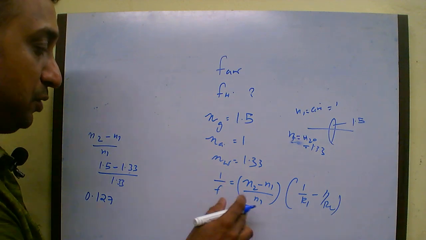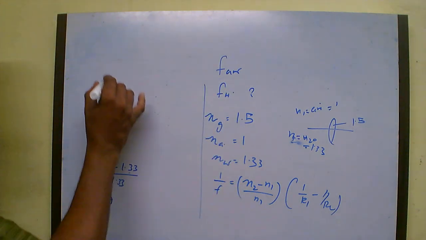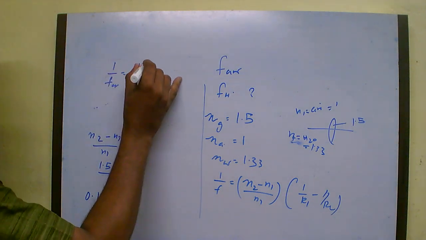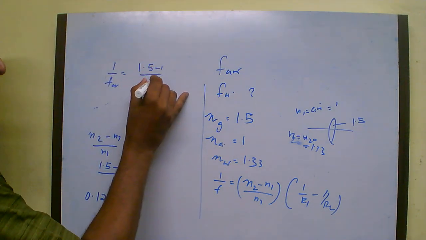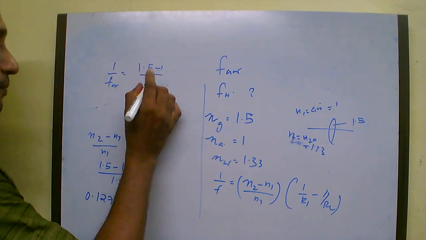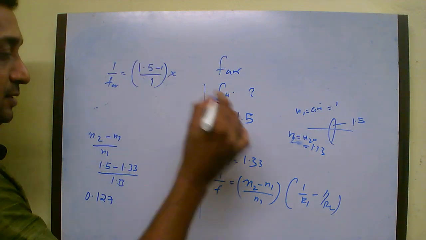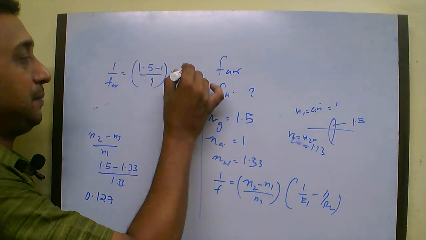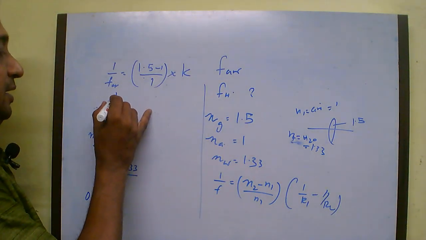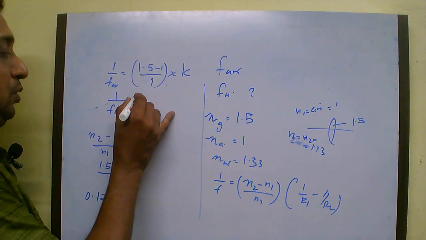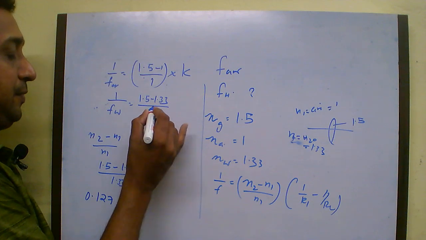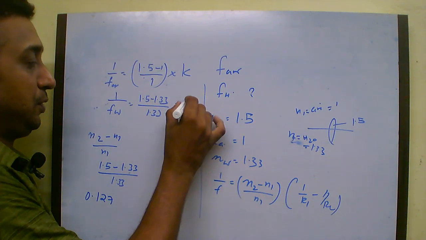Now if I use that formula, 1 by focal length in air is equal to (1.5 minus 1) by 1 multiplied by k, since the other terms, the radius of curvature, remain constant. Then 1 by f in water will be equal to (1.5 minus 1.33) by 1.33 into k.